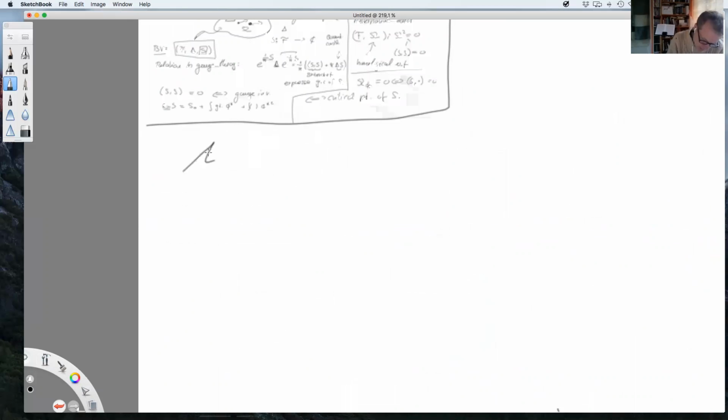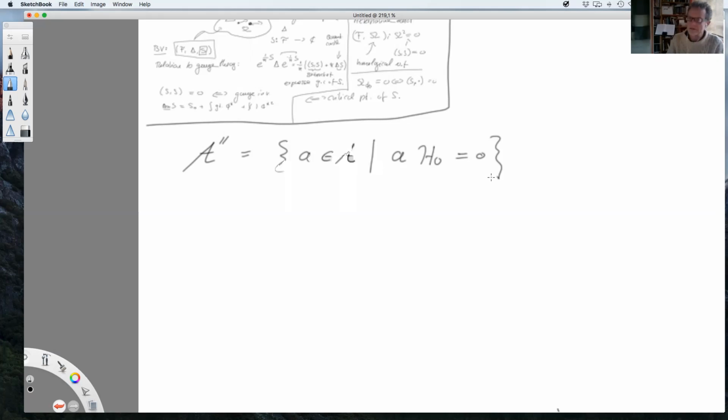So we can say if A was the super Lie algebra which we considered, then let's define A double prime to be all the elements in A such that A acting on an element of H0 is equal to 0.